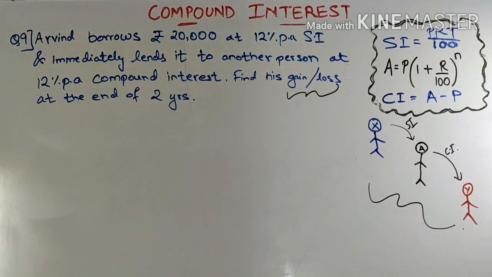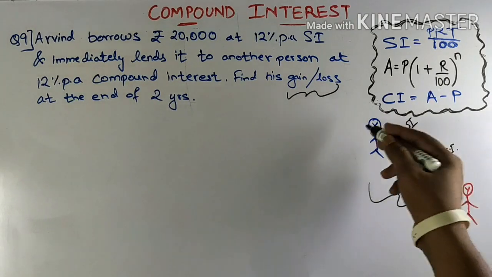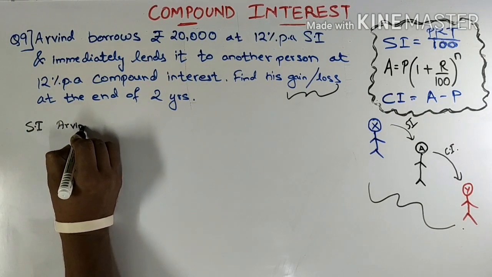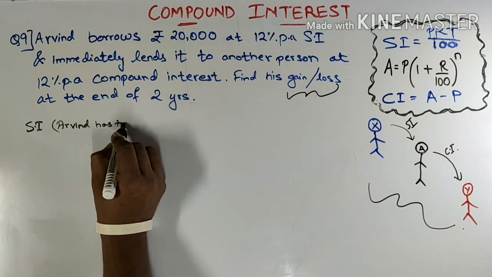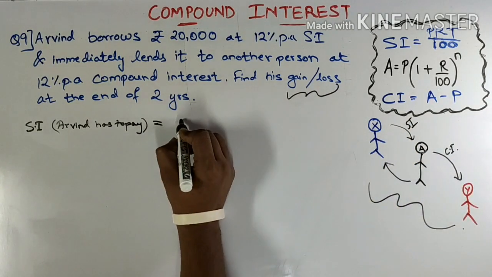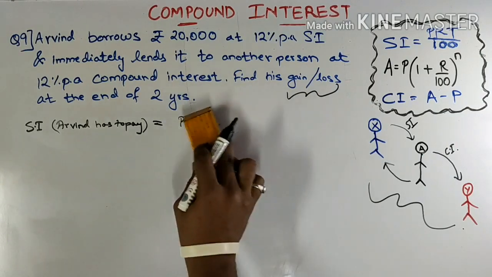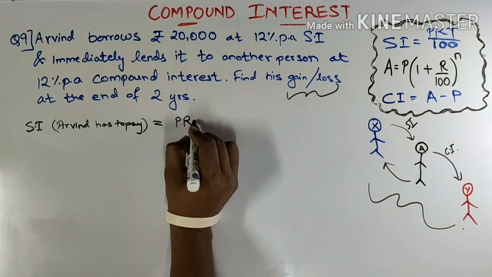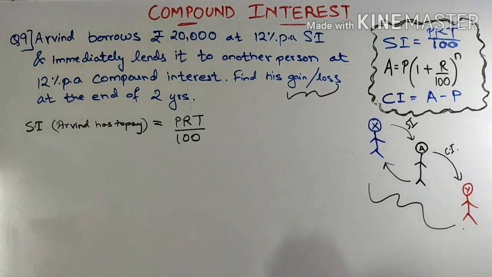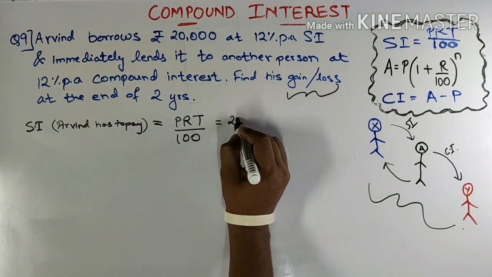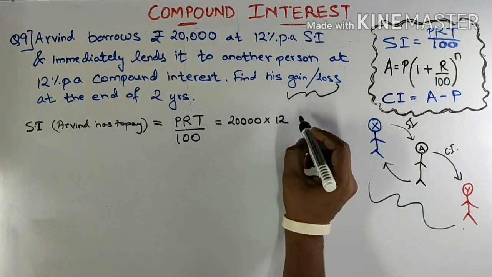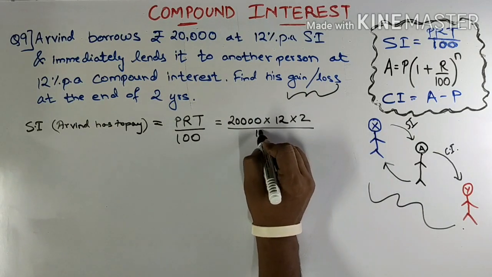The simple interest which Arvind has to pay will be PRT upon 100, where the principal is 20,000, rate of interest is 12, and time period is 2 years, upon 100.